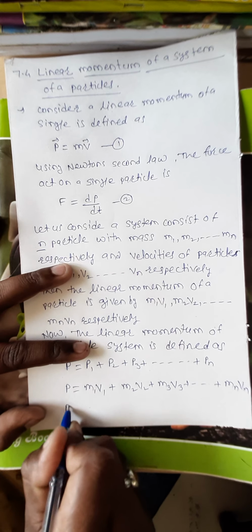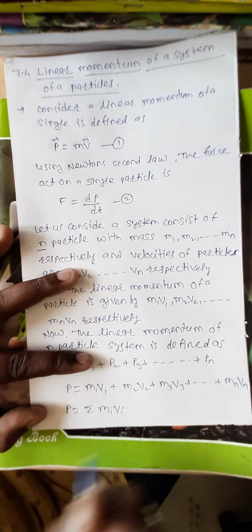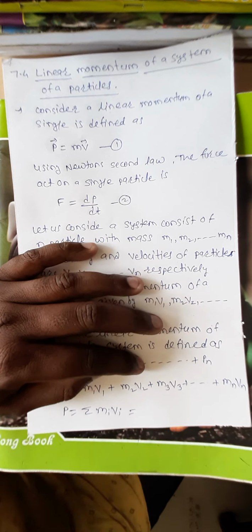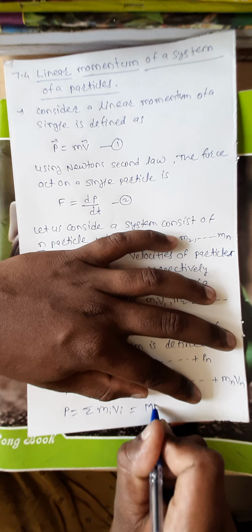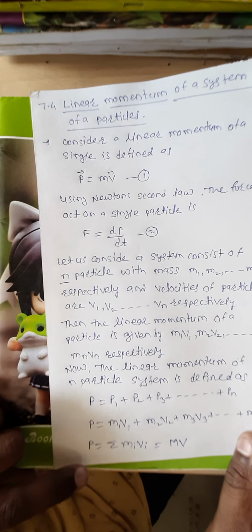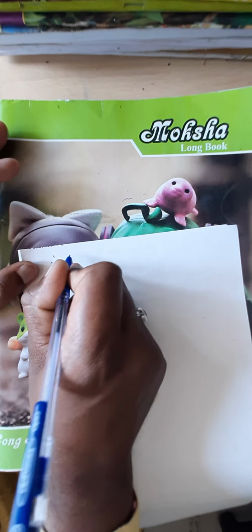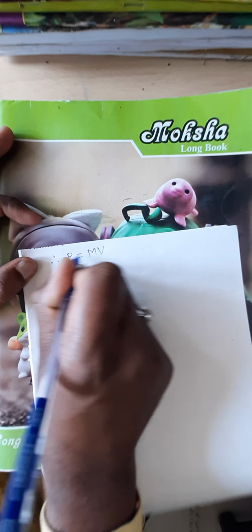Therefore p is equal to the summation of mi into vi. This is nothing but M into V. Therefore the total linear momentum of an n particle system is p equal to M into V. This is equation number 3.